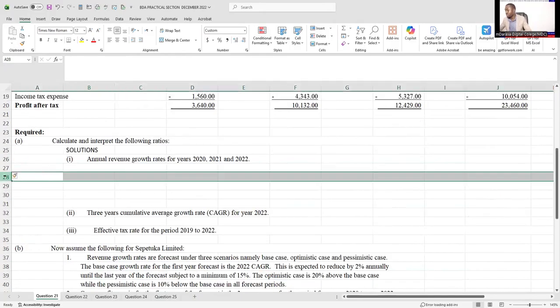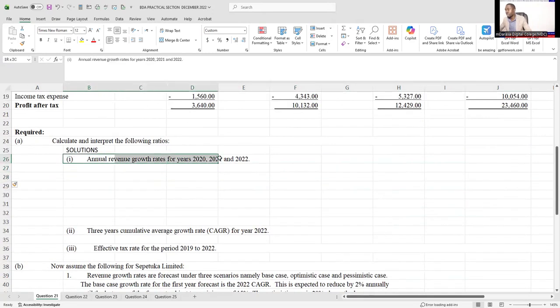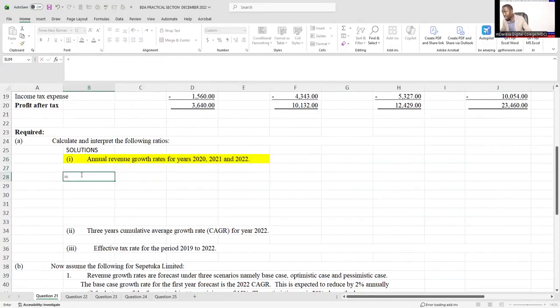You can, of course, work it out. And how will you go about it here? In this case, this is what you're answering. So we're having equal AI ask. I want to ask AI within my Excel to work for me. The prompt is to calculate the annual revenue growth rate.